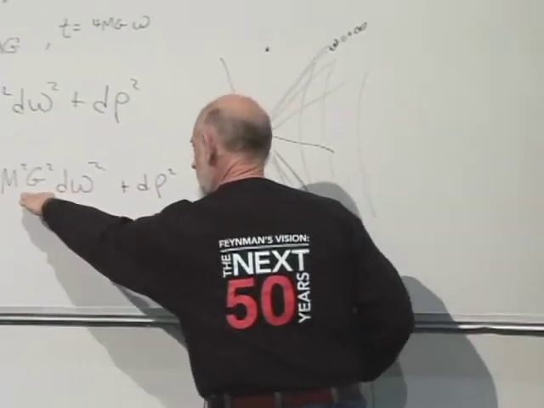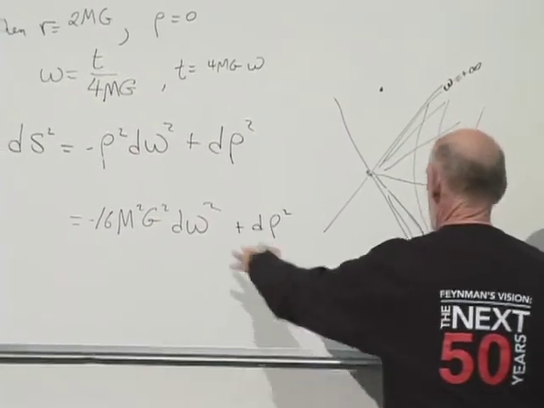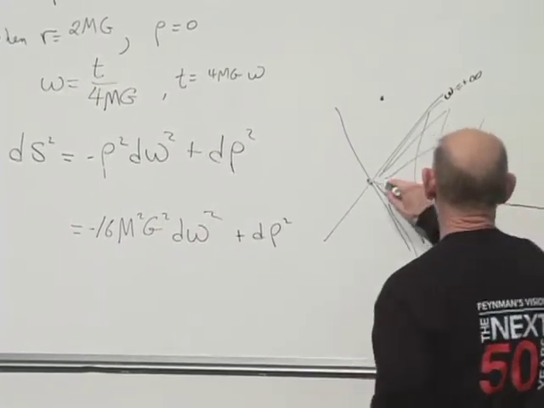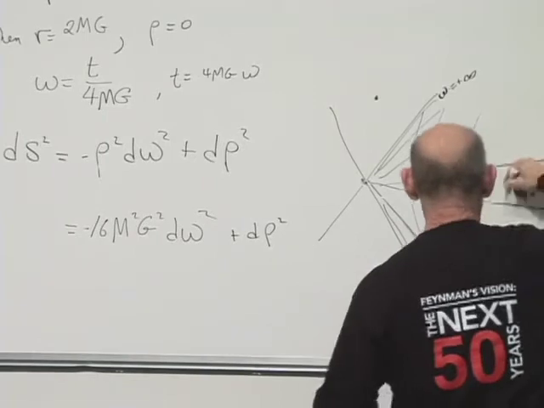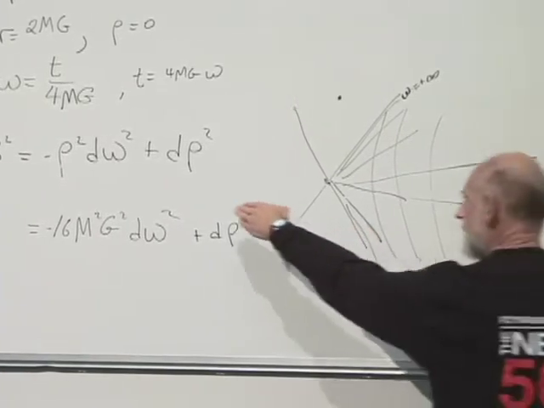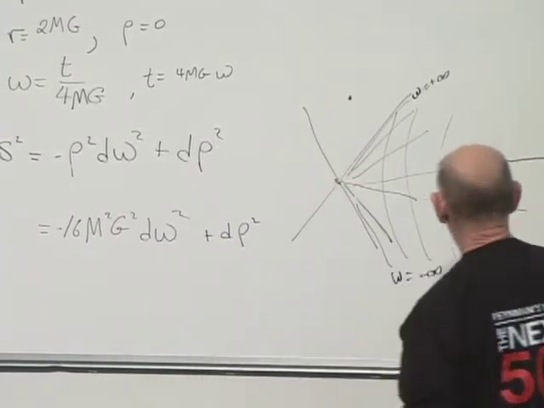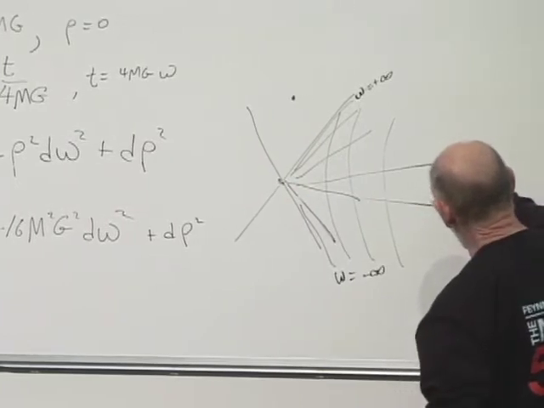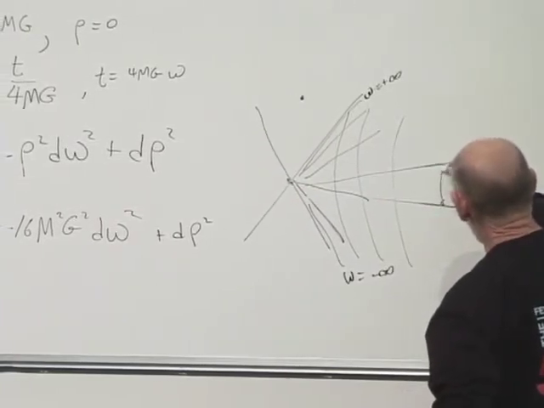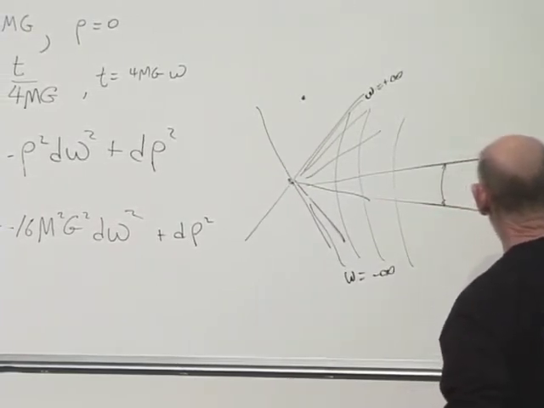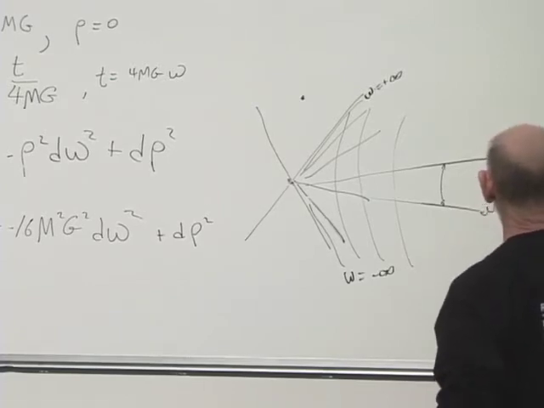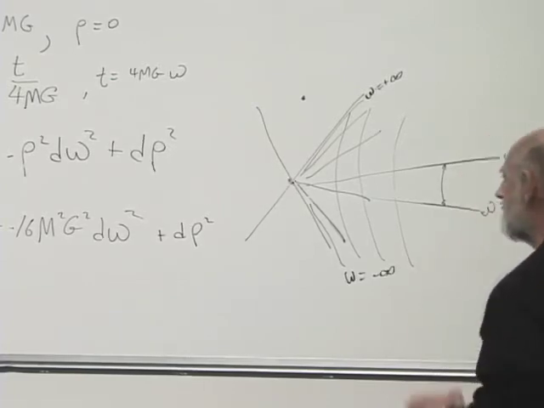What is this factor here? We look at given angular separations. The factor in front of the d omega squared tells us how much proper time there is from one omega, let's call this omega equals 0, and let's call this omega equals 1.